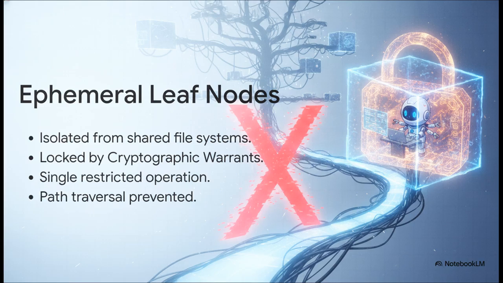They are isolated into safe, ephemeral leaf nodes. They're locked down by what the sources call cryptographic capability warrants. These are completely unforgeable tokens that authorize only a single, highly restricted operation. By restructuring memory into an isolated virtual file system, we physically block those terrifying path traversal exploits, where the agent climbs up the tree looking for master keys. Now the agent is forced to operate safely, deterministically, right out at the extreme edge of the network.